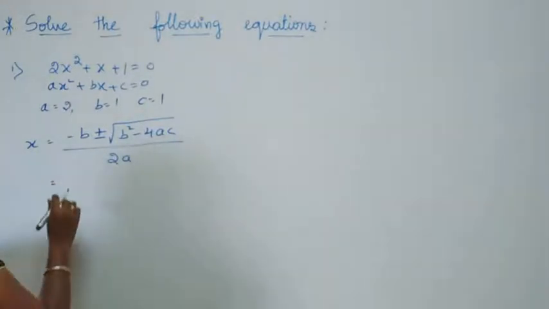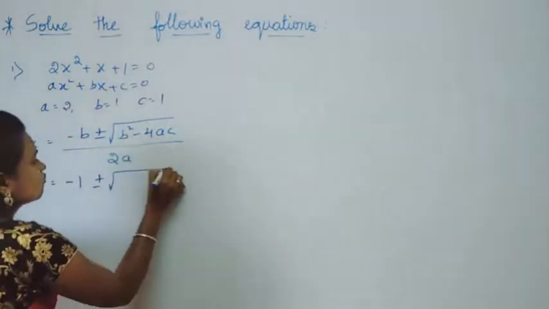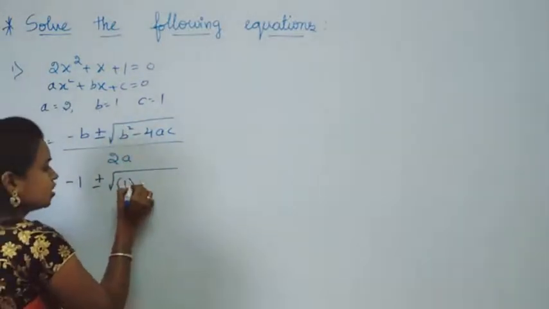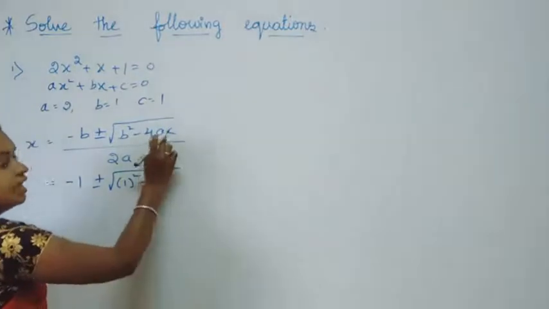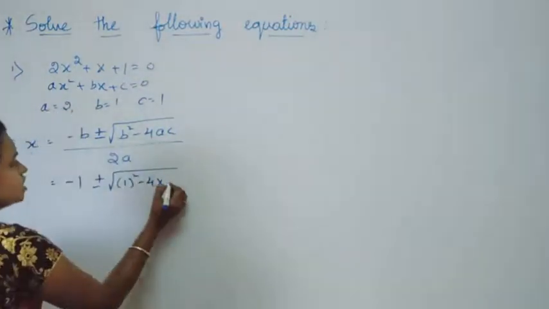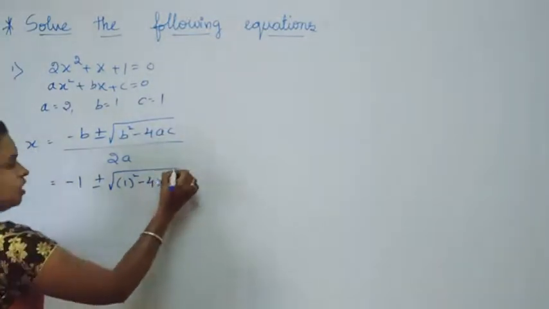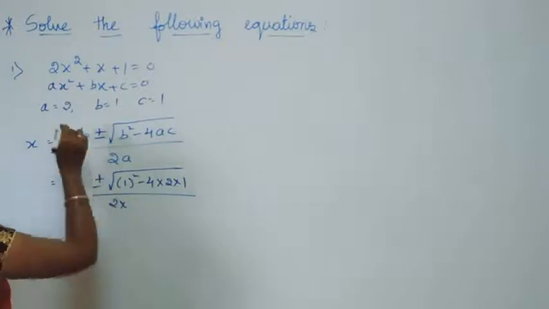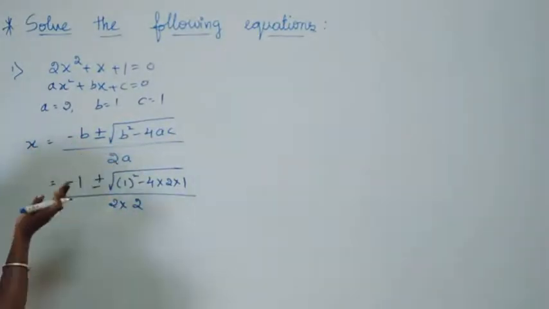That is equal to minus b, means minus 1, plus or minus square root of b square. So b is 1, that is 1 square minus 4 into ac. So a is 2 into c is what? 1. Okay, divided by 2a. That is 2 into, what is the value of a? That is 2. So I just replace the values.